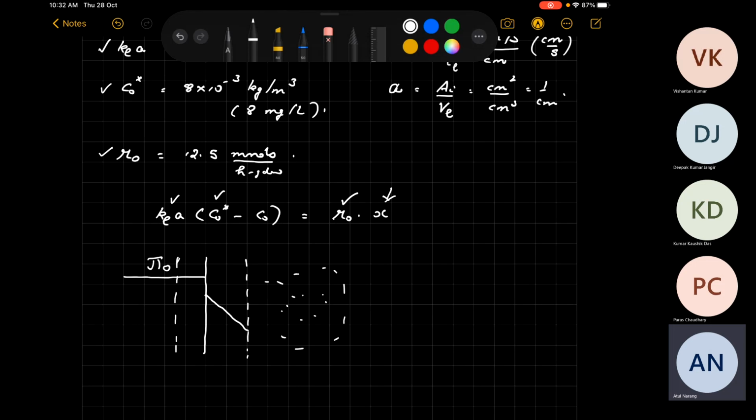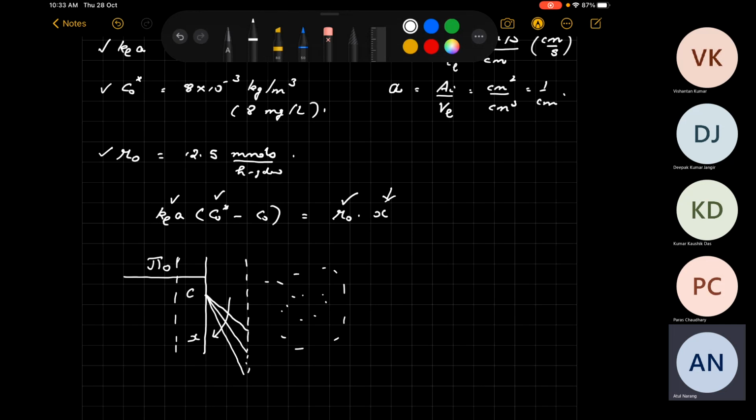Now, as you increase X, clearly the demand side increases. To meet the demand side, the gradient... since KLA is fixed, the only way to meet this enhanced demand is to increase the drop in the concentration. This is what's going to happen as X increases. So as X increases, the gradient goes down.